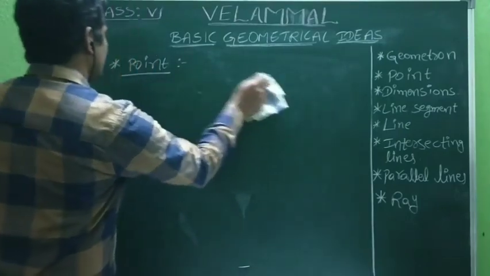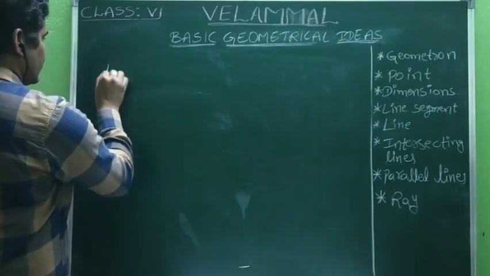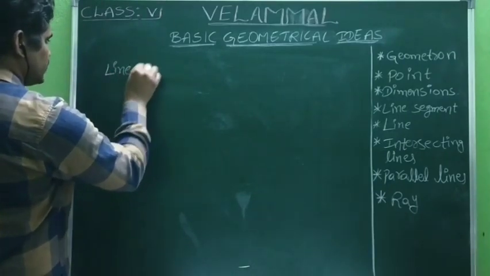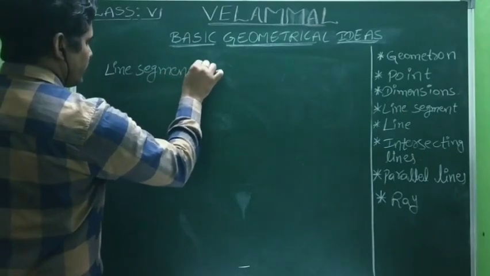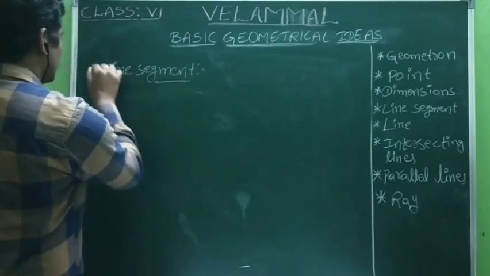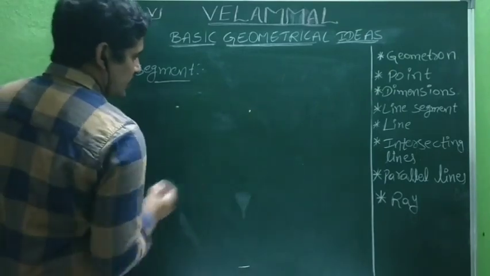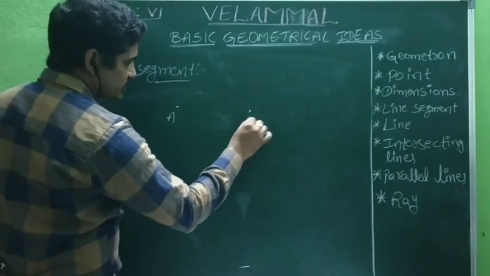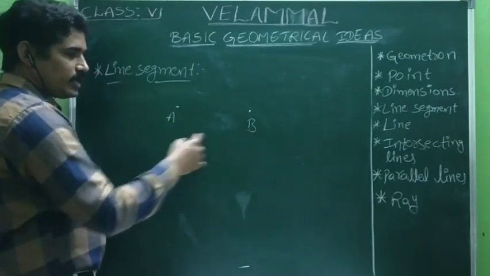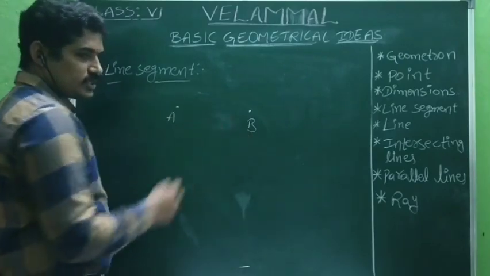Next we need to know what a line segment is. Already we learnt a point is nothing but a location. I am taking 2 points, 2 locations, as city A and city B. Now I want to travel from this city to this city.